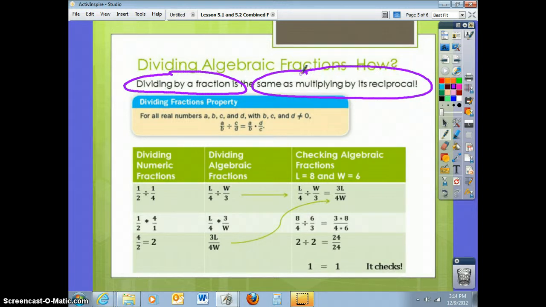So the dividing fractions property says dividing a over b by c over d is the same thing as multiplying a over b times the reciprocal of c over d, which is d over c. Now remember, b and d cannot be zero because of those fractions over there, and c cannot be 0 because of that fraction right there.